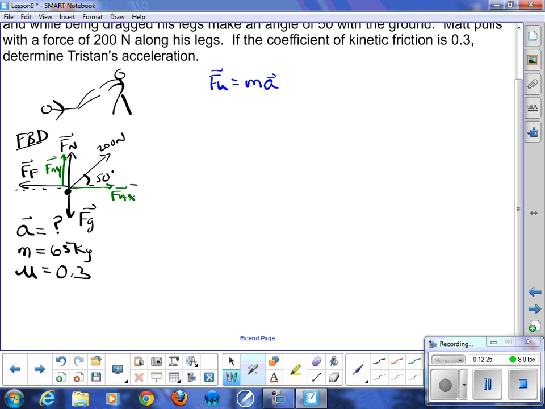We know the mass. All right, and you can do this in steps, but I'm going to do it all together in one. So we need to find this unbalanced force. Unbalanced force comes from FAX minus force due to friction equals mass times acceleration. So the unbalanced force comes from the difference between the two.